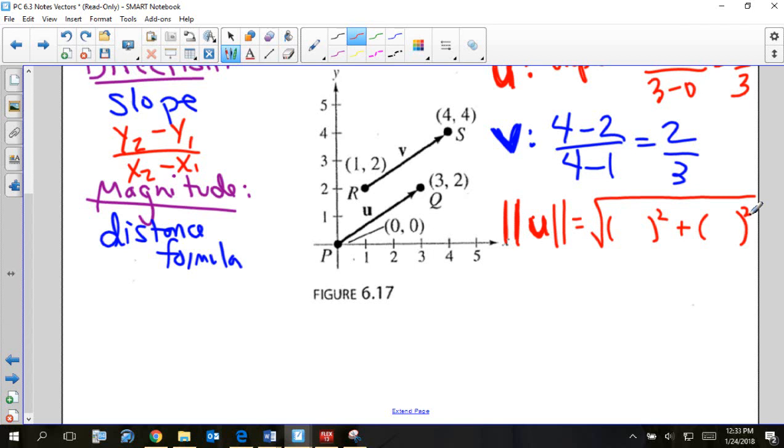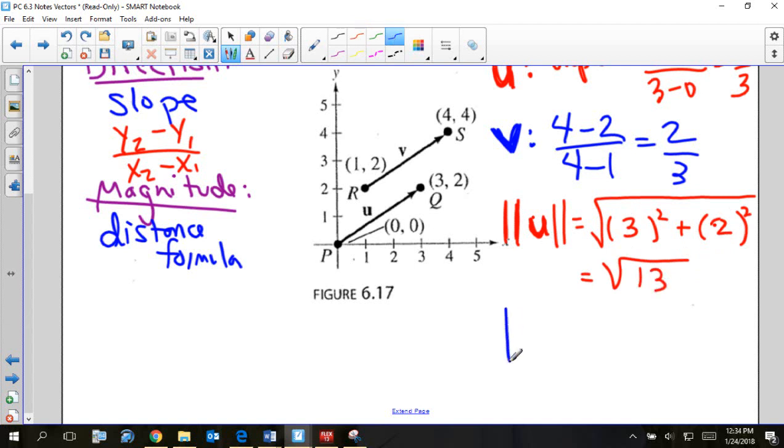Do you see where I've already found that for me? When I did the slope, I've already used both of those. So the x2 minus x1 value was what? 3. And then the y2 minus y1 value was 2. So we get square root of 13.